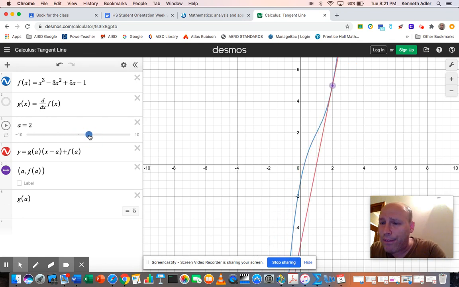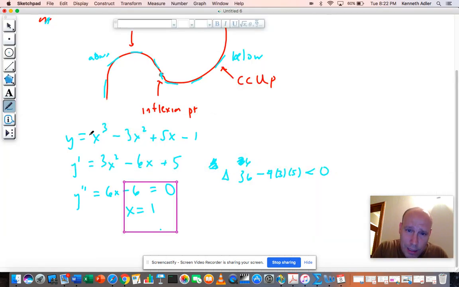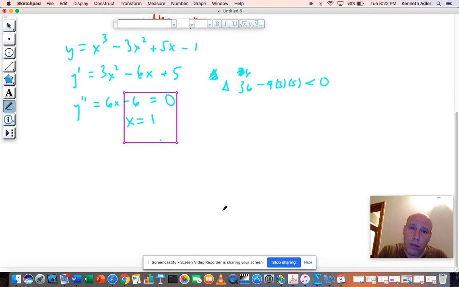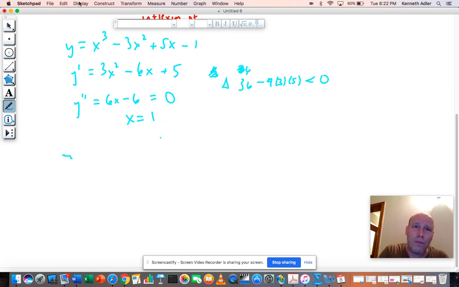That's the idea of the inflection point. The slope always remained positive, but it was decreasing. It got to x equals 1, and then it started to increase again. That's the idea behind the inflection point. So to find the inflection point, let's go back to the notepad. Let me change the color to black.